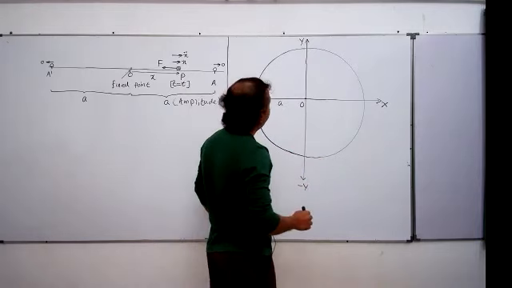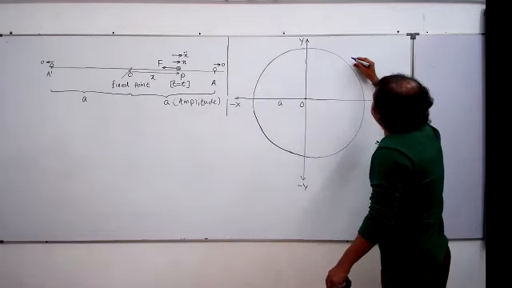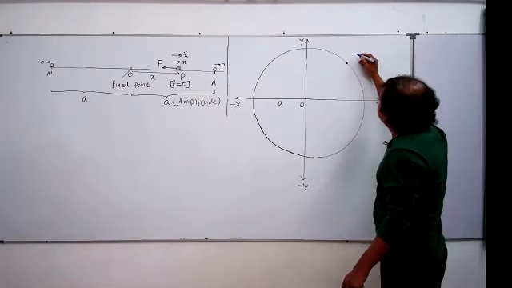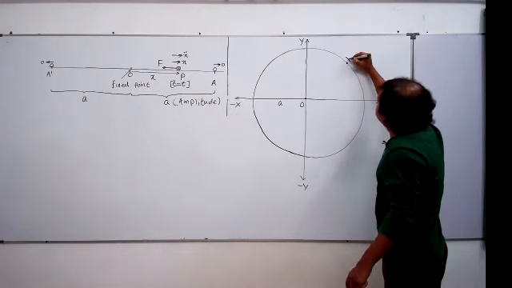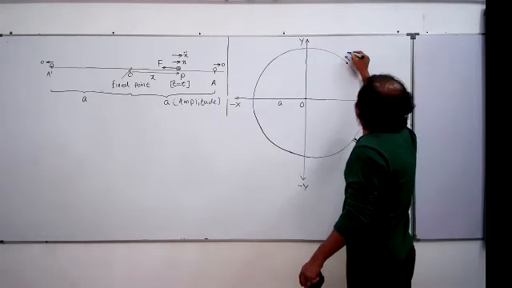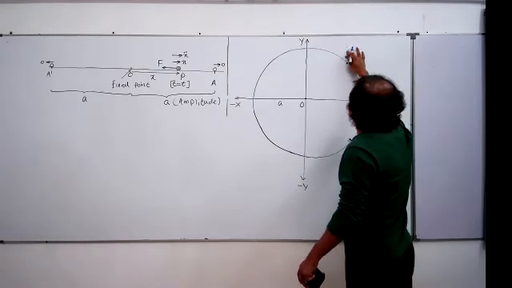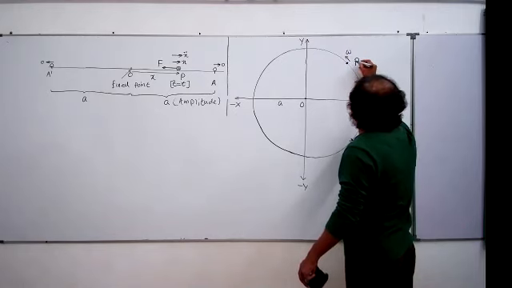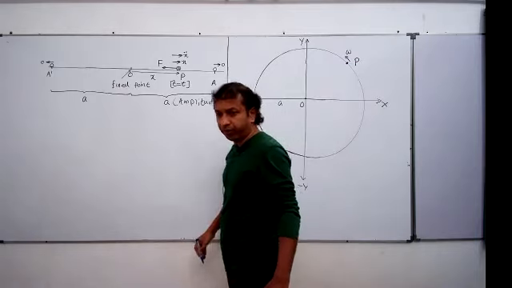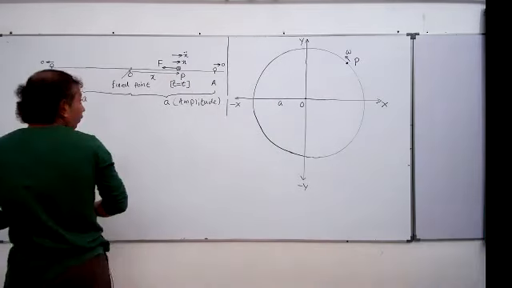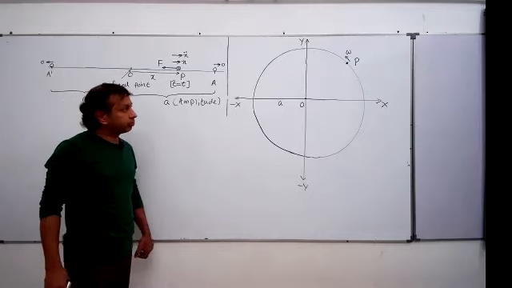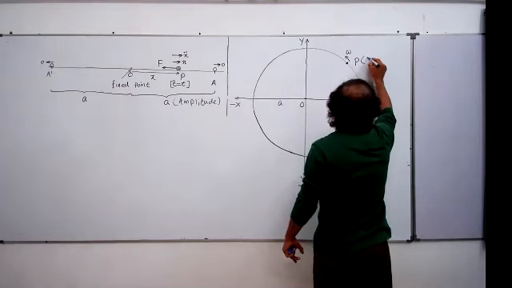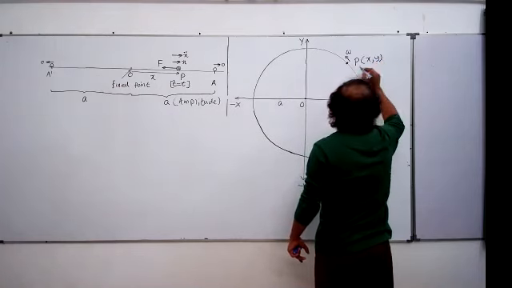Now suppose a point P moves on this circle with constant angular velocity omega. This is point P. Suppose at this moment the point P lies on the circle with the coordinates x, y.